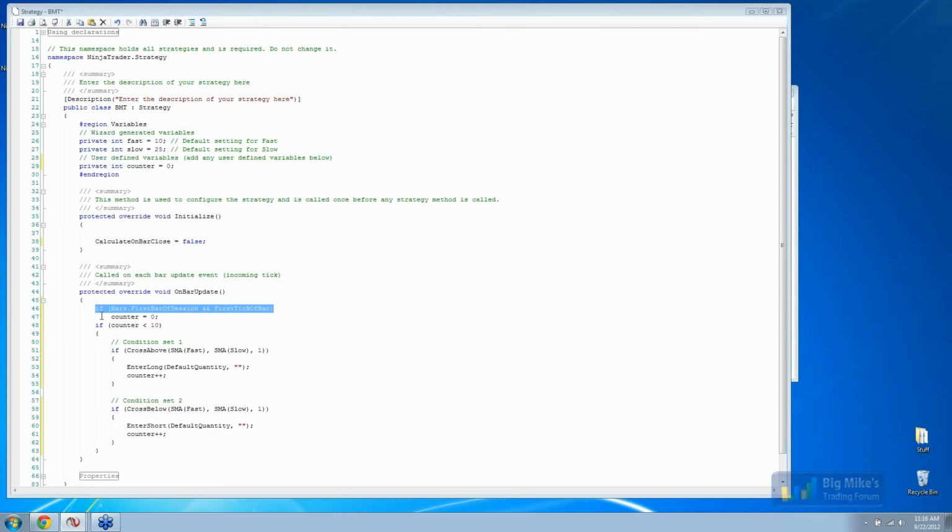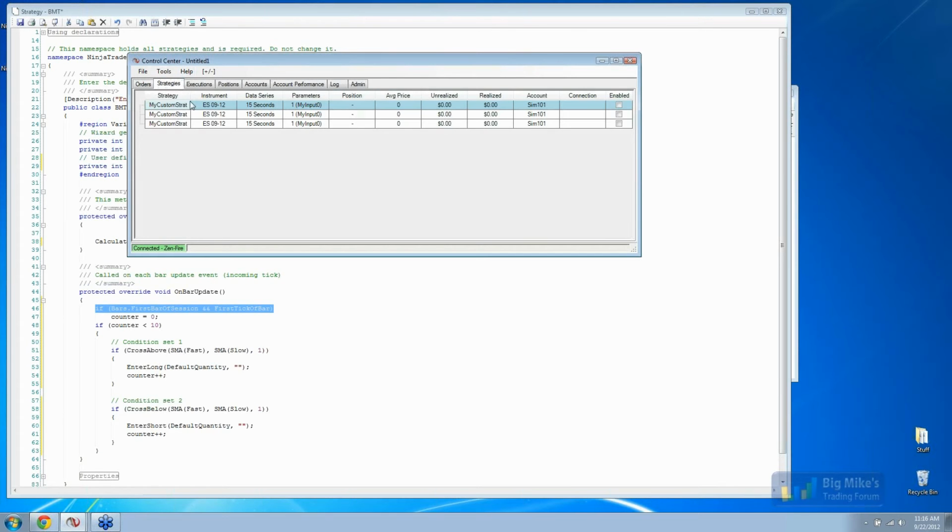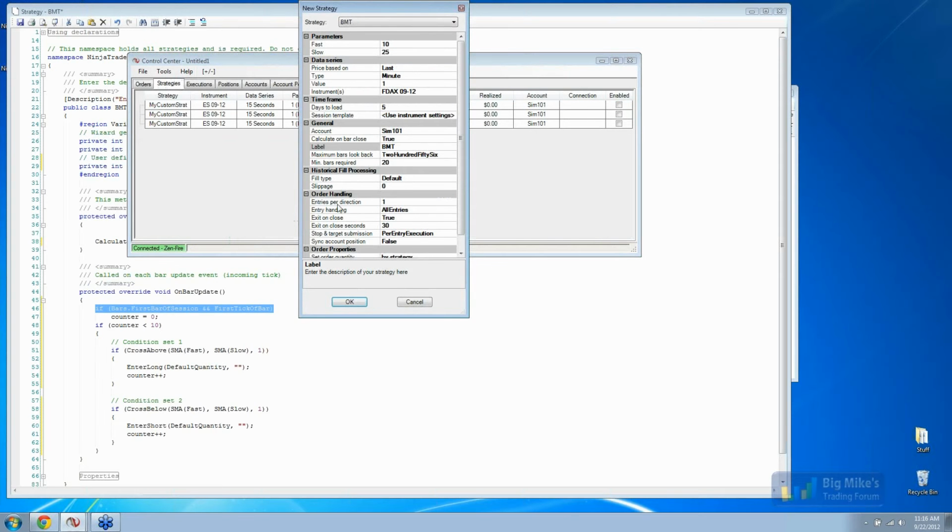If you want to limit the number of open trades, there's something known as entries per direction and entries. So if I run a strategy, you'll notice you have this entries per direction, and this by default already limits your strategy to 1 entry per direction. And by direction I mean if you're long, that's a direction. If you're short, that's a direction.